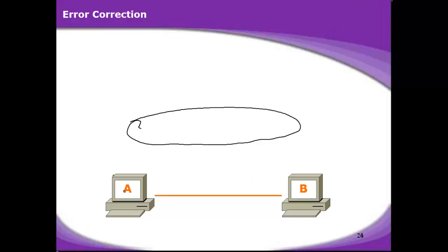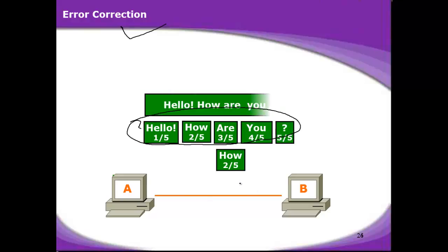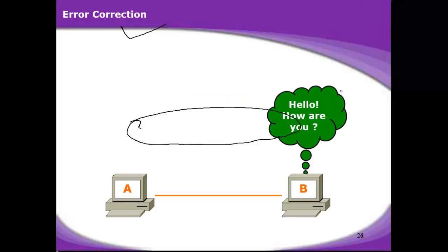Then computer A is going to send back the lost segment, and this retransmission is called error correction. So by using the acknowledgement numbers, it is going to request that I did not receive a particular segment due to loss in transmission, please resend it. And this is how sender A is going to retransmit the data. So this 2 by 5 which was lost is retransmitted now, and this is how the actual data is received by the destination.